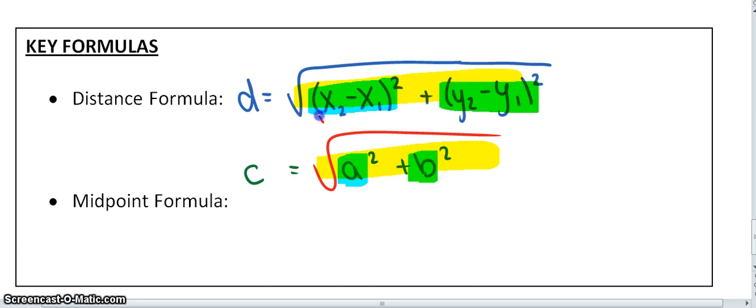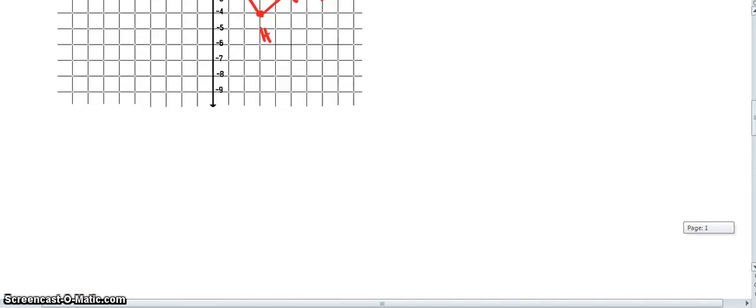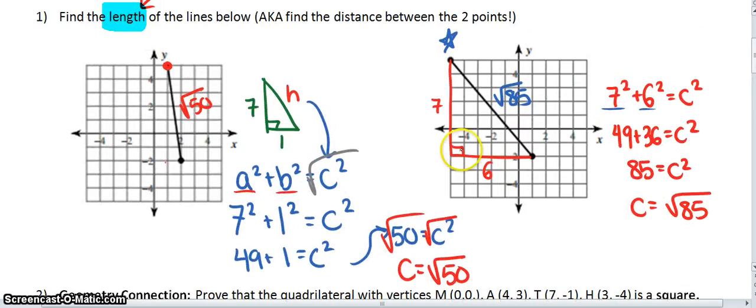Now the reason we have these coordinates is because, remember, we didn't know what a was, we didn't know what b was. We had to figure out those lengths, and this is how you would do it. You'd subtract your x coordinates to find the distance on the x, and your y coordinates to find your distance on the y, which in this picture we just counted, right? I counted this with 6, but really your x coordinate here was 1, and your x coordinate here was -5.